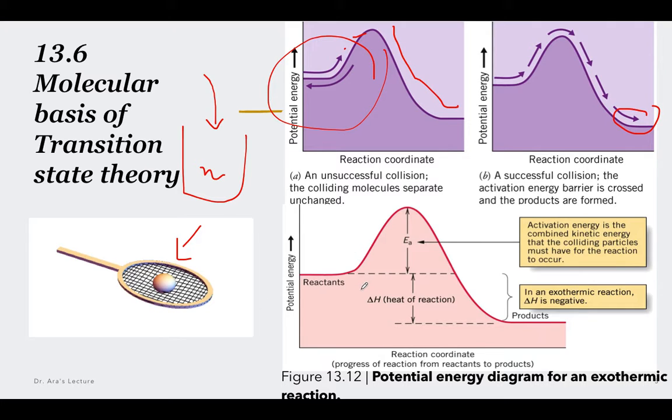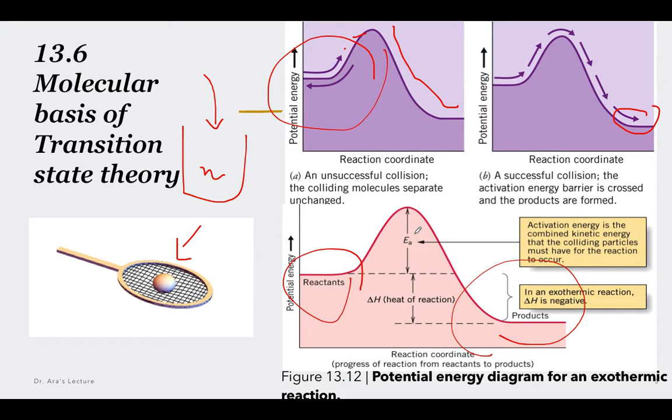We know that we start the reaction and we get the product, but in the transition phase we don't know whether we will get the right product or not. We will get the right product if we have sufficient activation energy, the minimum energy we need for a successful collision. That's the main thing.